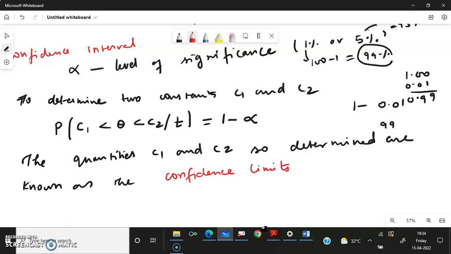For example, it will be C1 comma C2, so theta lies between C1 and C2.